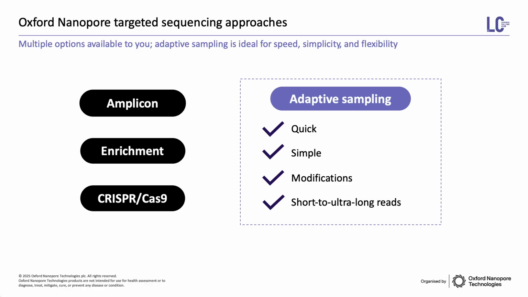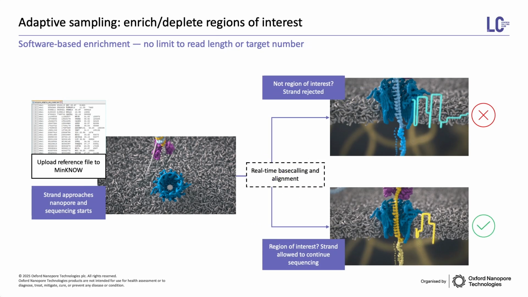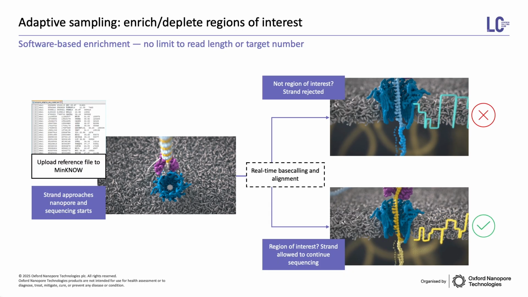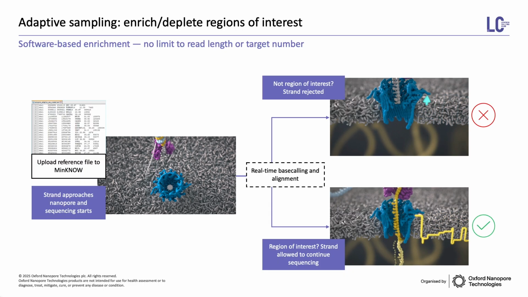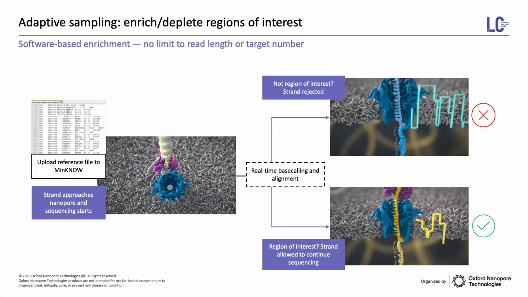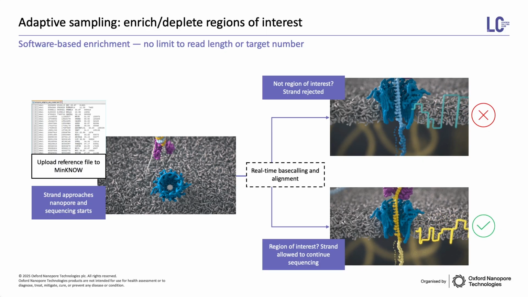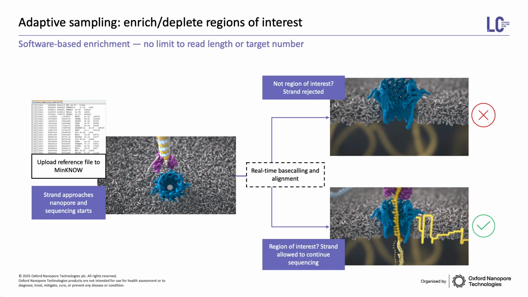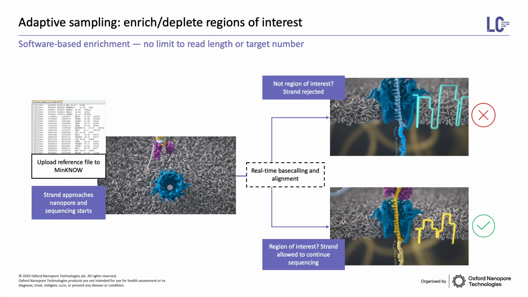Adaptive sampling is a method of targeted sequencing unique to nanopore, with the key element being that you do the targeting on the device by uploading a bed file with the coordinates of the region you want to get. I expect you're all familiar with our core chemistry, which is made of the pore, a motor enzyme, and the run conditions that enable us to capture the flow of current, which we then transform into the sequence.